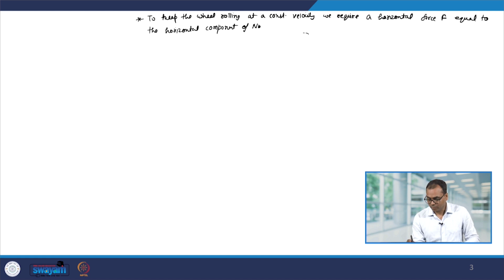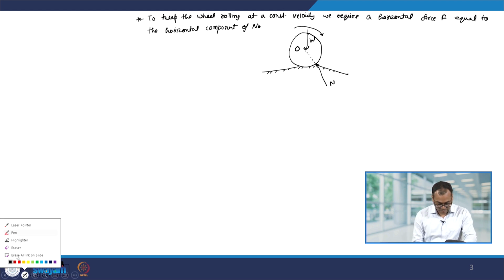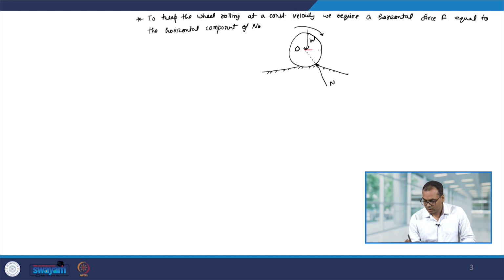So, again we have this wheel, this is on a surface and this wheel is rolling. Let us say its center is O, weight is W, then the reaction force will act like that. Now, this will pass through the center of the wheel. Now, we have to apply a force F so that this wheel will keep rolling with a constant velocity.